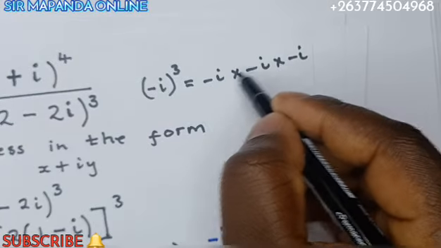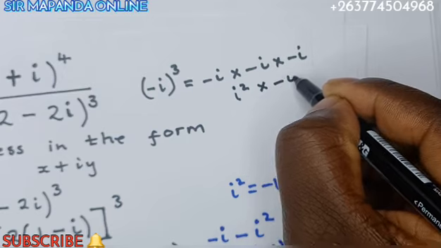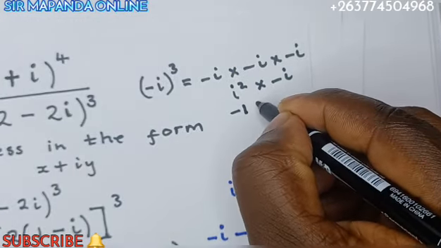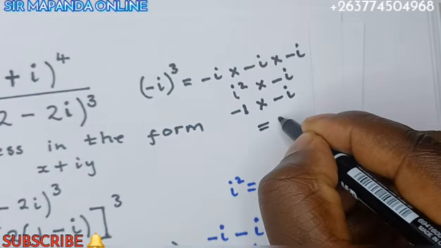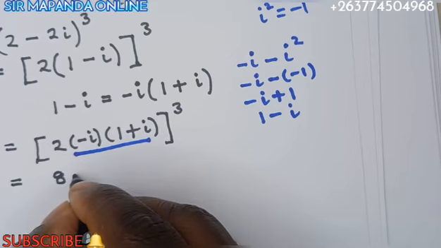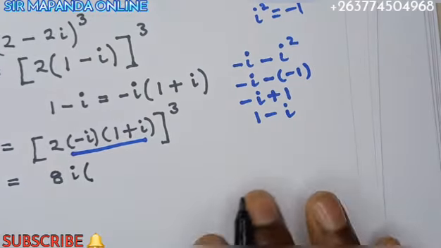So −i times −i, you get i² times −i. I hope you are following. But i² is as good as −1. So −1 times −i, you'll be left with i, since negative and negative produce a positive result. So in front of this 8, I'm going to put an i.